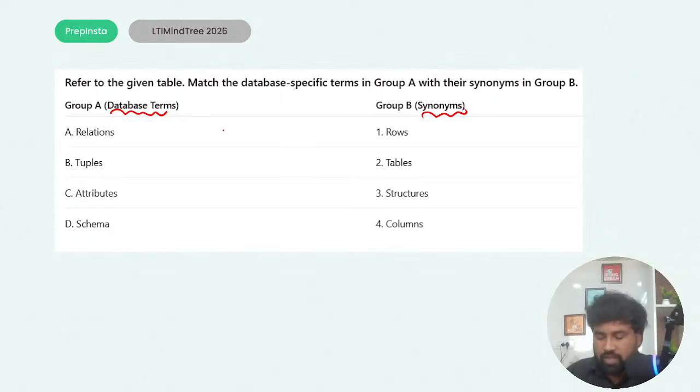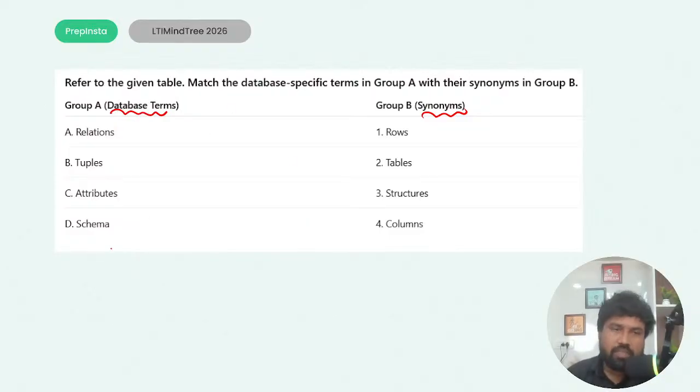So tell me, the first one. Relations are nothing but... Some people are saying columns, some are saying tables, some are saying structures.